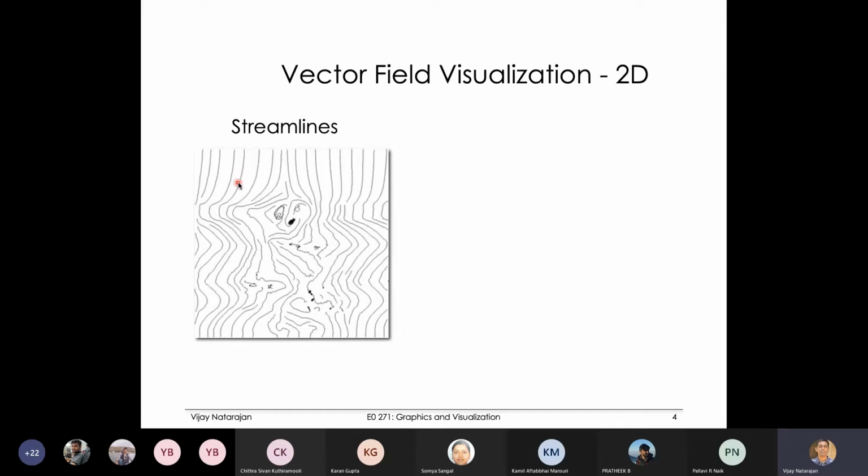So the streamline is essentially an integral line that is defined by the vectors. You can think of this as a maximal curve, as in you keep extending the curve as much as possible. And at every point on this curve, the tangent to the curve is equal to the vector at that particular point. So that is how the curve is defined.